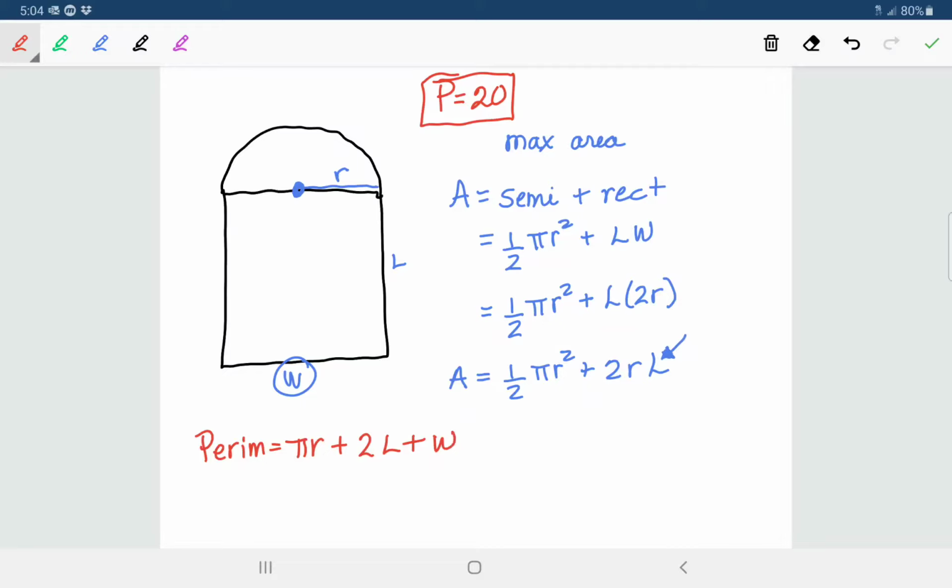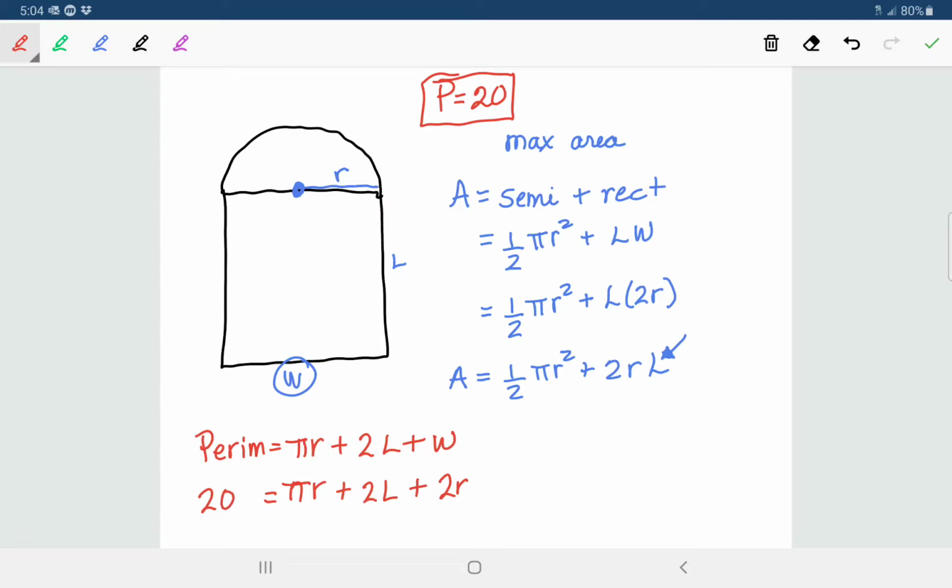Now, let's also do our little trick that the W is equal to 2 r's. That'll get rid of some of our variables. So pi r plus 2L plus 2 radiuses has to be equal to 20.